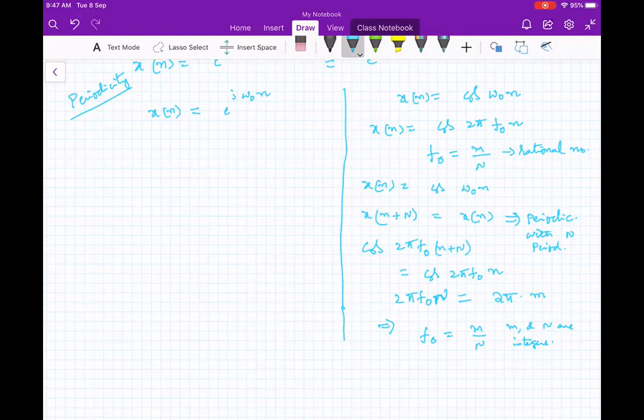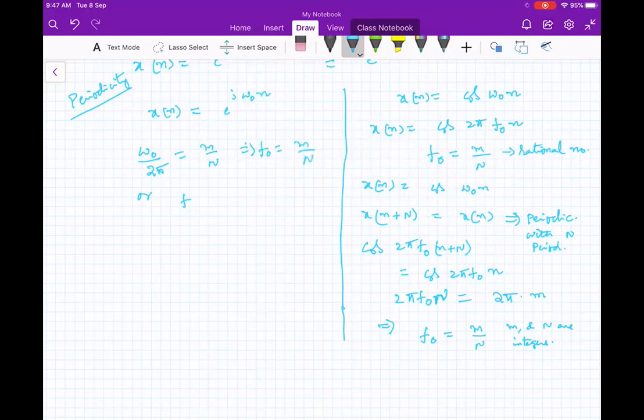Omega naught by 2 pi has to be a rational number. Even here it should be a rational number, right. So here also omega naught by 2 pi is equal to m by N, which implies f naught equal to m by N.